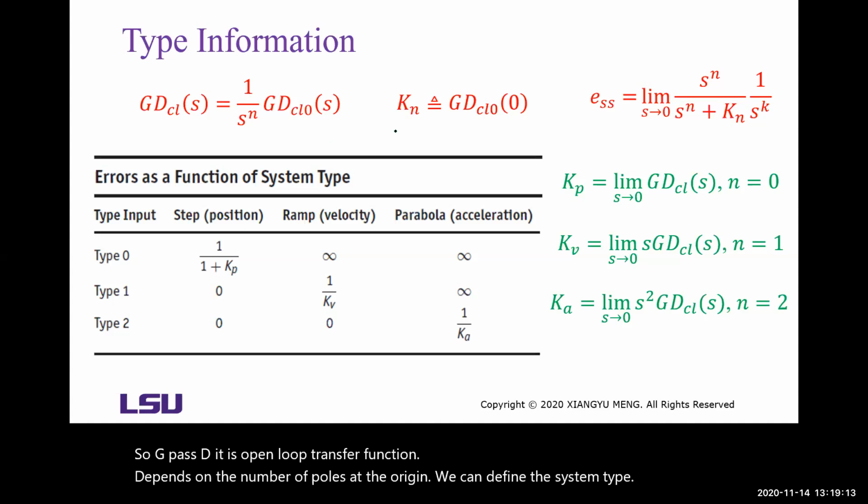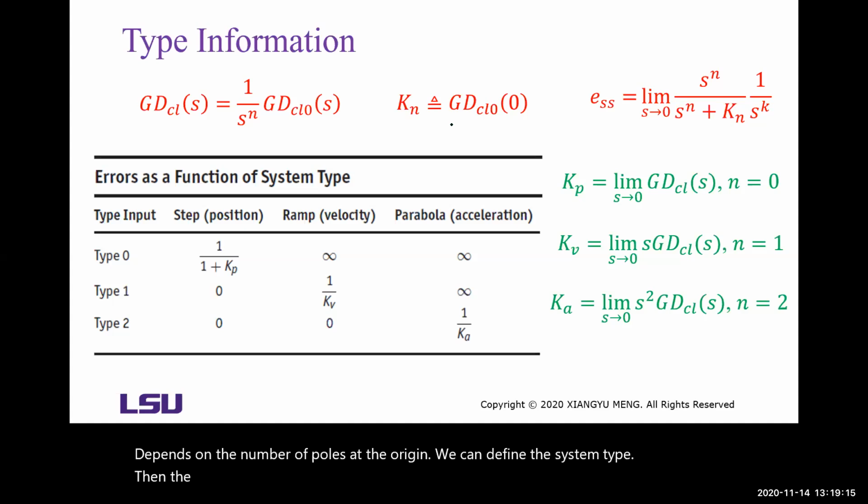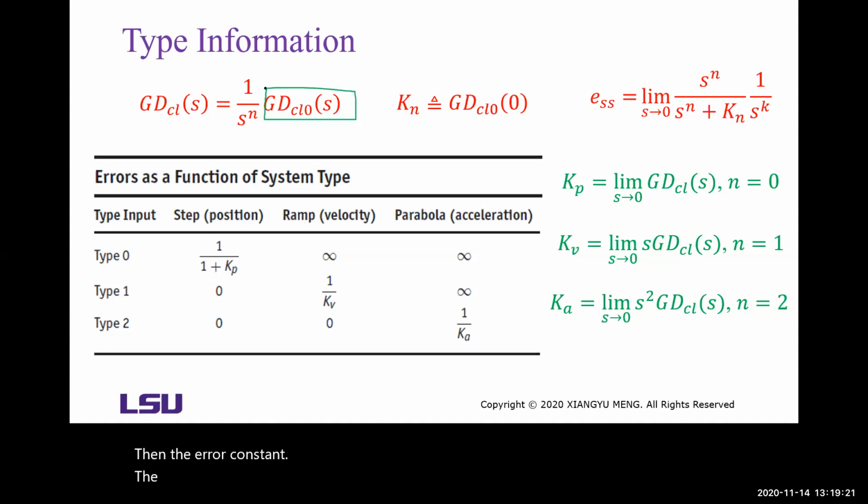Then the error constant is the part without any poles at the origin. Then let s be 0. Then the steady state tracking error is s^n over s^n plus K_n, times 1 over s^k.